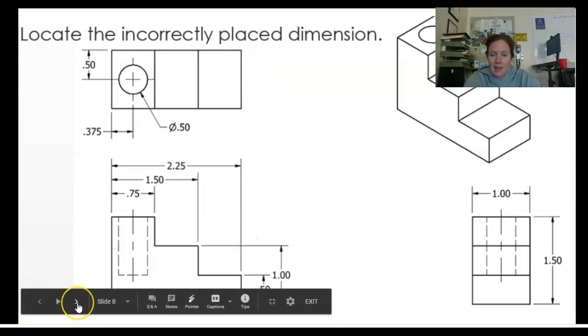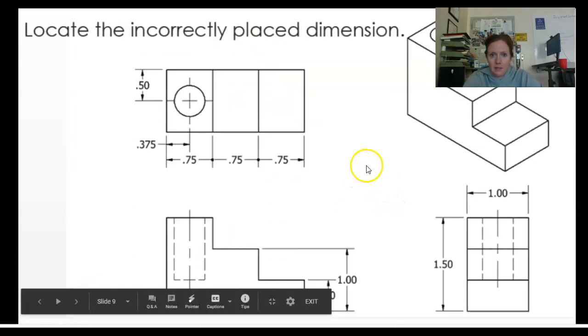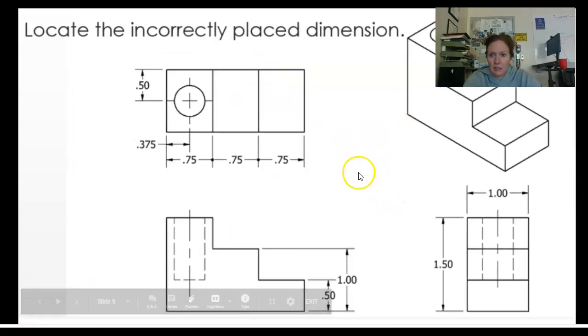And then the last one is locate the incorrectly placed dimension. And I do think in this one there is only one. So pause the video and show me which one that is. Oh no, there's two. Pause the video and show me two.